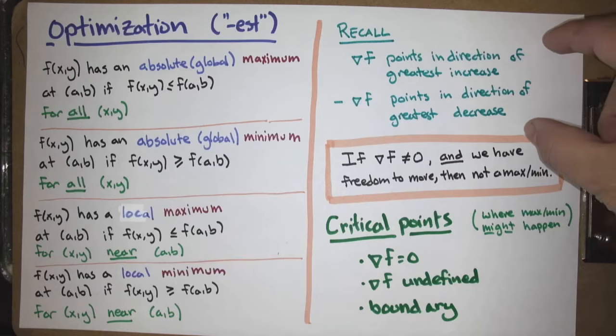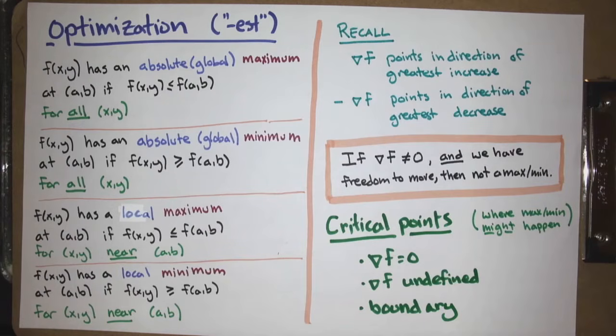But it's the same process as before. We're going to use the idea of the gradient. We've talked about properties of the gradient. One of the key things it does is it points in the direction of greatest increase. If you go negative the gradient, that points in the direction of greatest decrease. So, what's true?